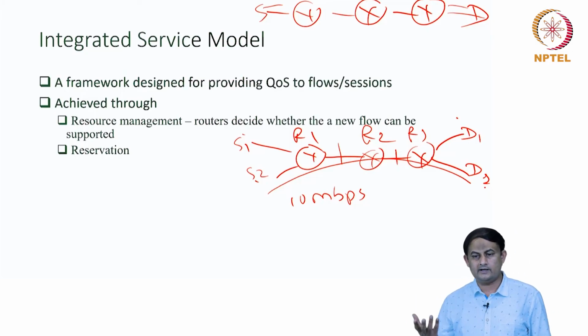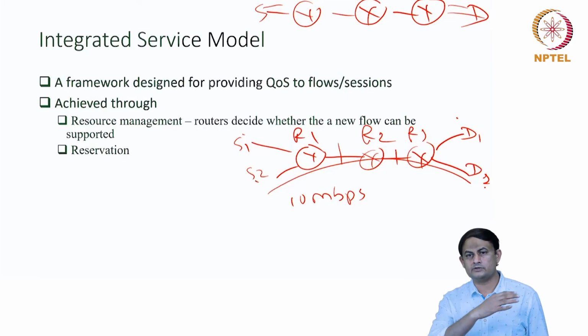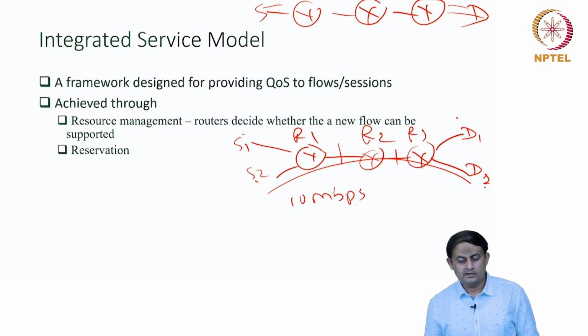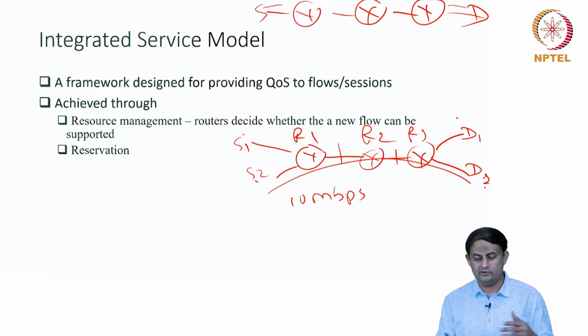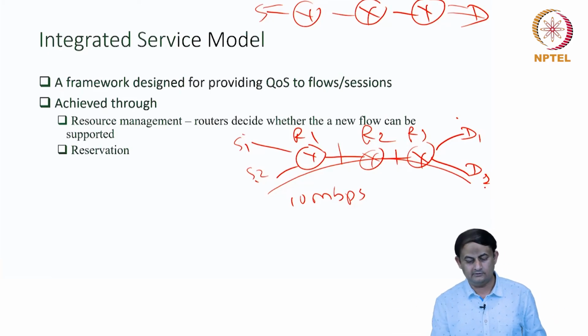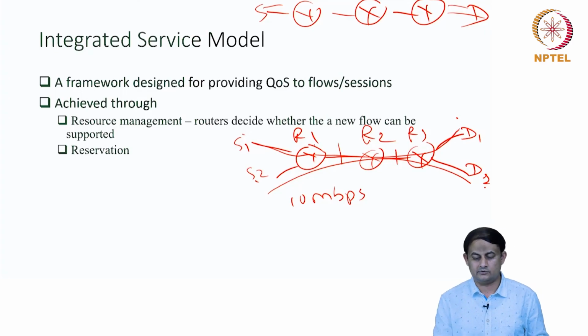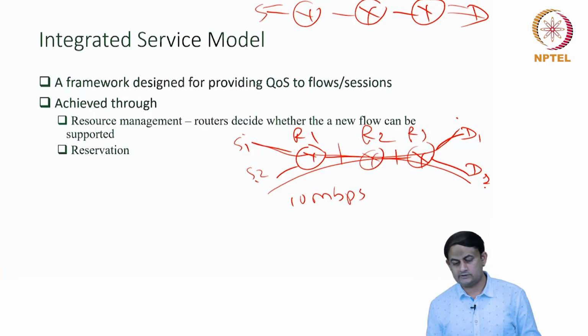And the second mechanism is, once you decide to admit some flow, you reserve the resources all along the path. Meaning, let's say the network can indeed support the new flow between S1 and D1, and you reserve some resources all along the path between S1 and D1. So at R1 you reserve some resource, at R2 you reserve some resource, and at R3 you reserve some resource.